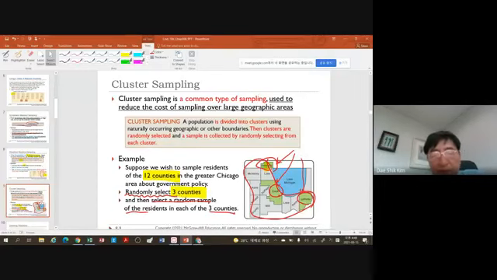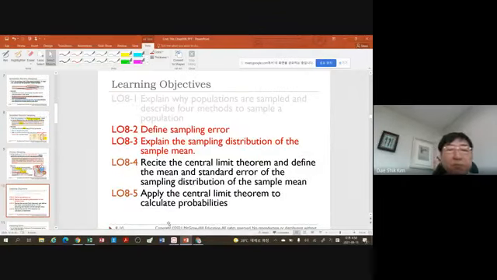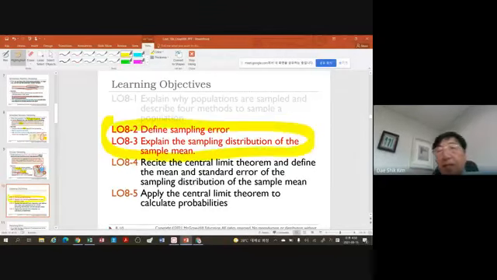You need to decide how many counties will be studied. And from within each county, you need to apply simple random sampling. We have studied 4 methods. Next is what is sampling error.